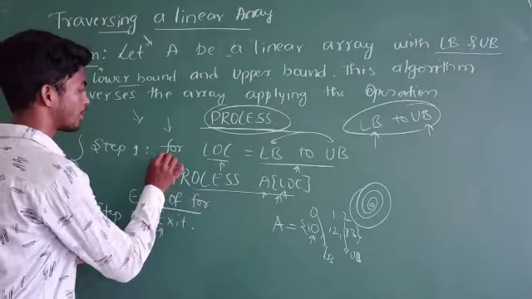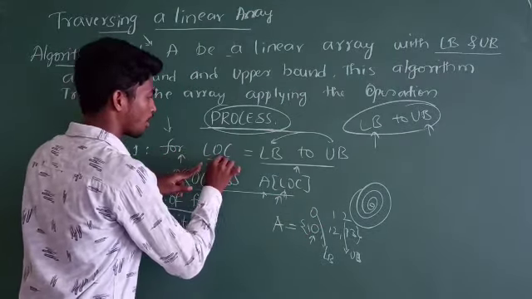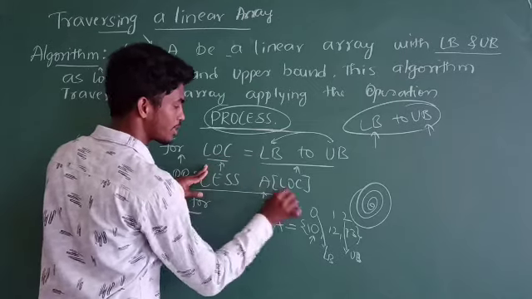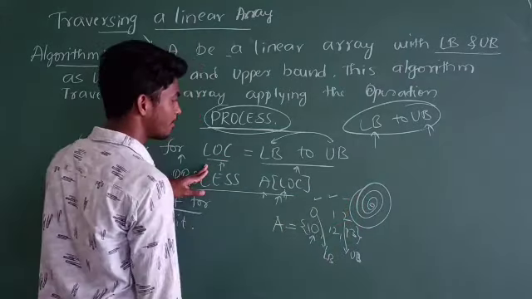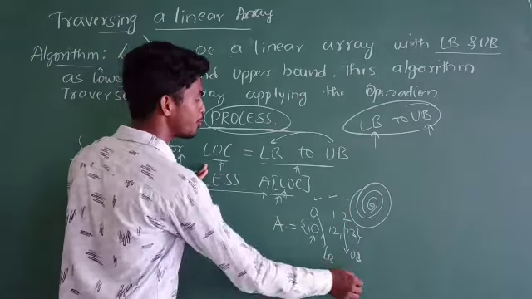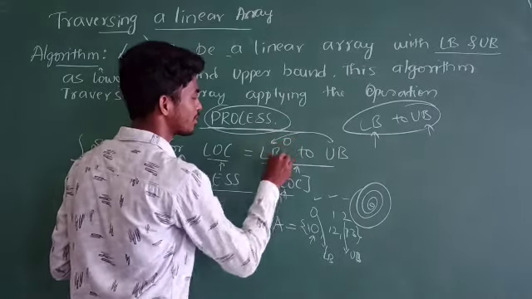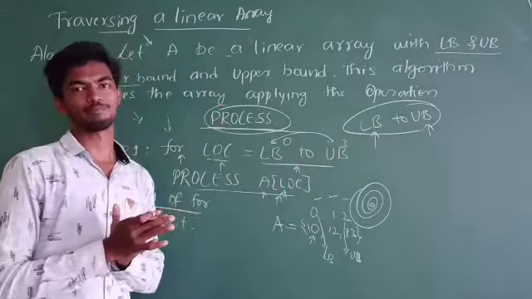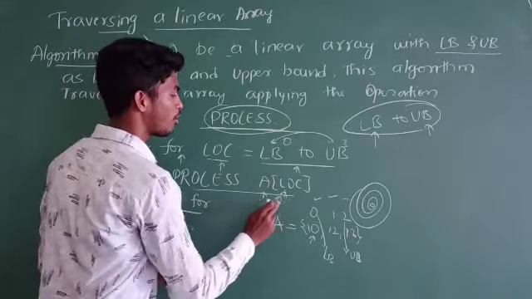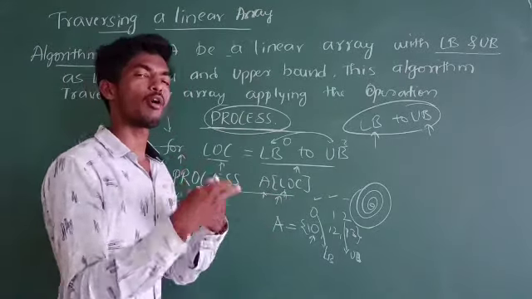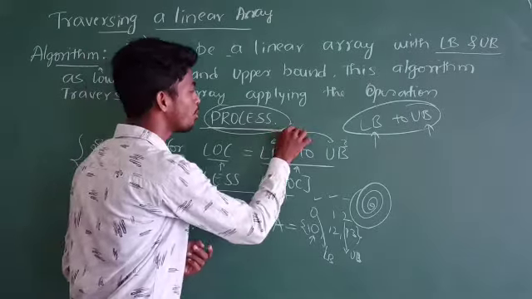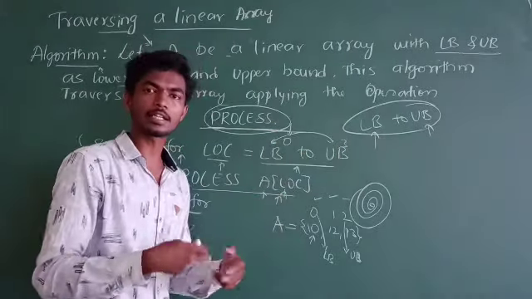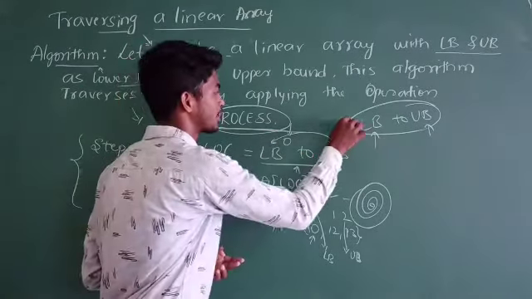On applying, for location, the index is the location, LB to UB. LB represents 0, UB represents 3. So 0 to 3. Process A of location, where the for loop starts with 0, gets incremented and runs up to 3.